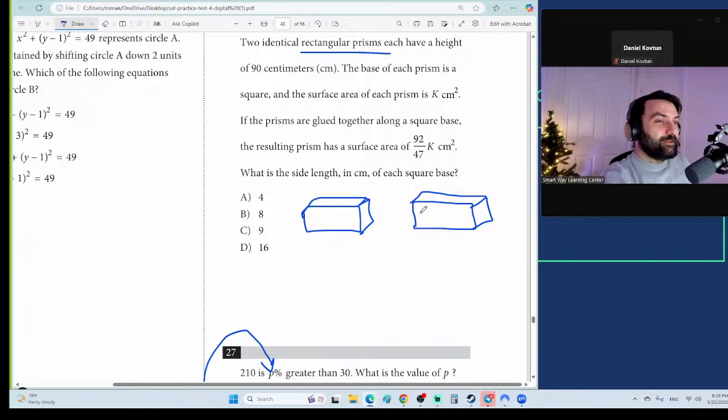Let's say they are identical, 90 height. The base of each prism is a square and the surface area of each prism is k.